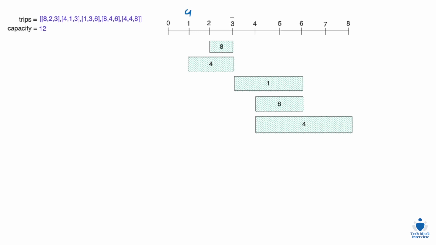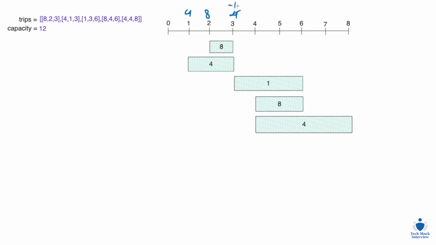And then we drop them at kilometer 3, so I deduct the number by 4 here. At kilometer 2, we add 8 people, so I just add 8. And then here, we're going to remove those 8 passengers, and then I deduct the number by 8.